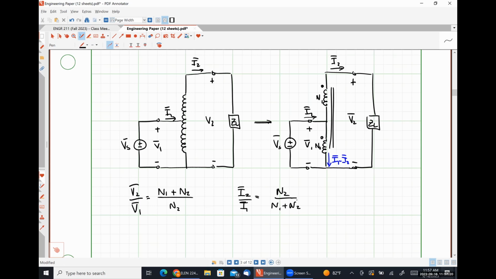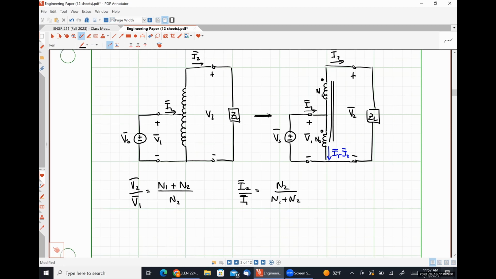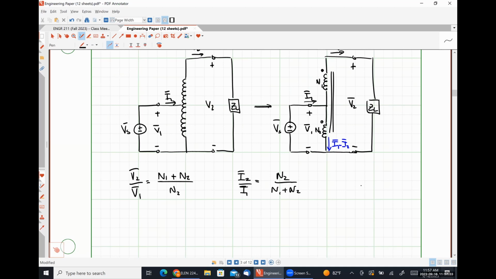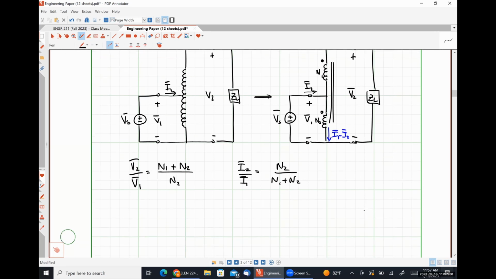Because the complex power on the primary side has to equal the complex power on the secondary side. So our primary side here, this will take 20 seconds to draw, right? The complex power being supplied by the source is going to be V1 times I1 conjugate. This has to be equal to the complex power that's being absorbed by the load, which is going to be V2 times I2 conjugate.